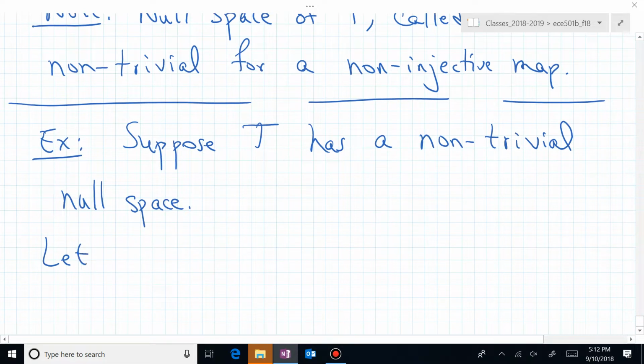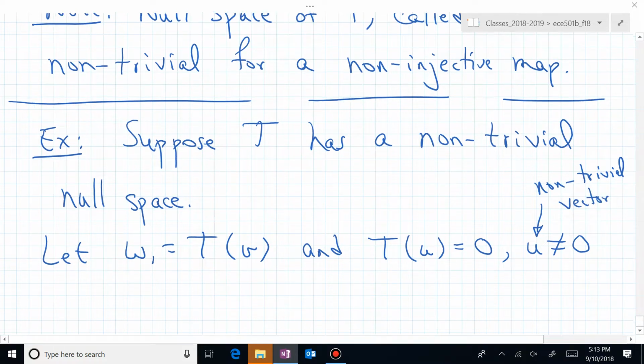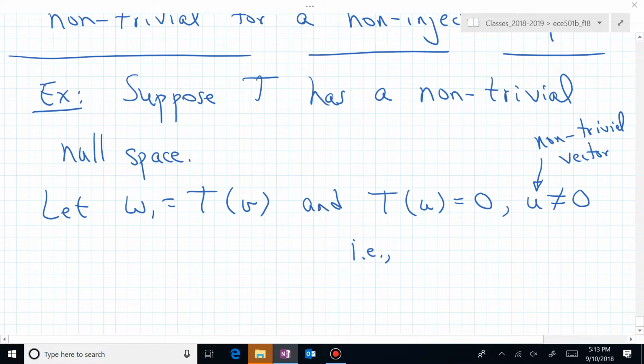And to help us, let's let W1 be the result of mapping V through this linear map. And suppose that T of U actually maps to 0, where let's assume U is not the zero vector. U is now a non-trivial vector. Or that is, U belongs to the null space of T with U not equal to 0.